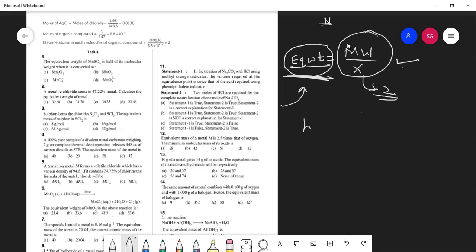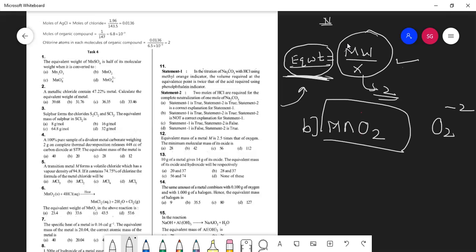Now look at this. MnO2, if you have the valency chart with you, you see O2 is -2, which is called peroxide. O2 is -2. So how much will be Mn? To cancel this, it will be +2. Are you getting it?